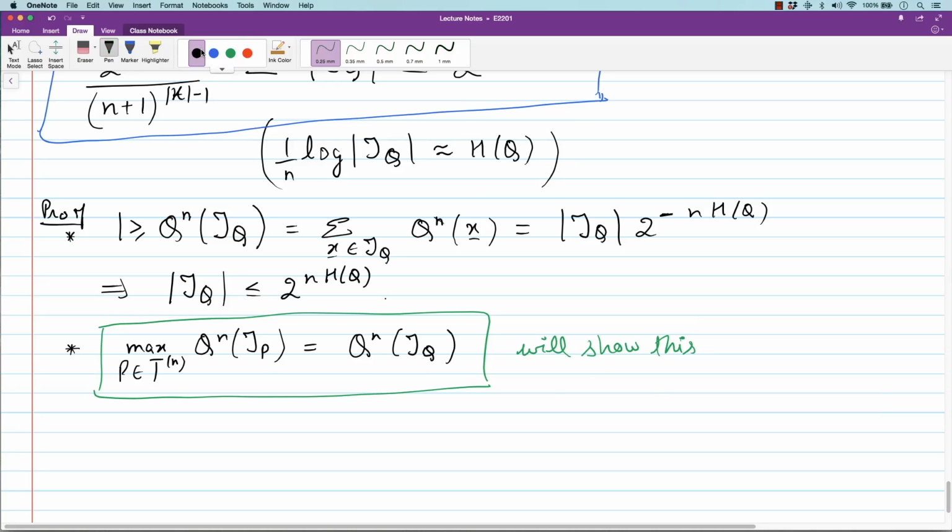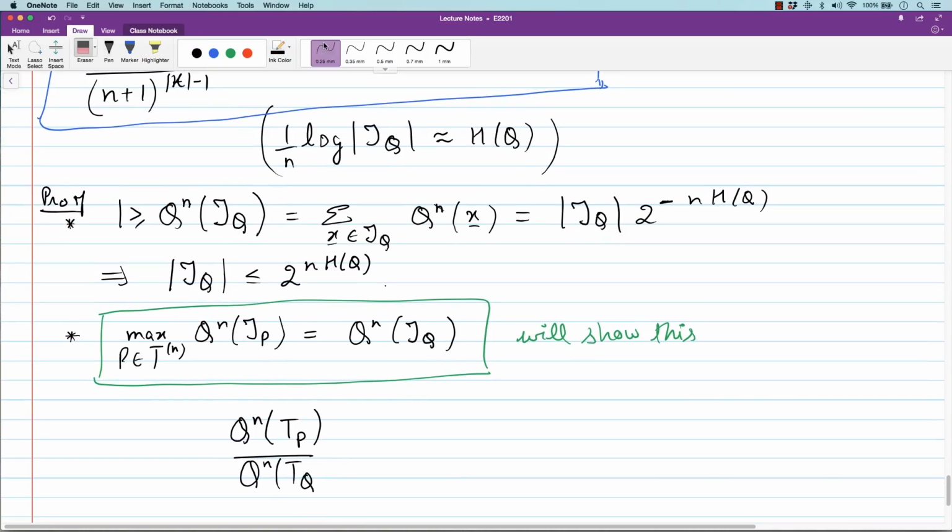But once you have it, you can now look at the following. You can now look at the probability under Q of T_P and probability under Q of T_Q. Sorry, I'm using a bad notation here. It's not a correct notation.